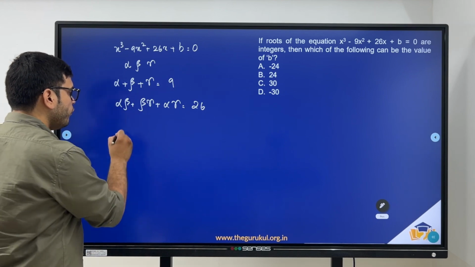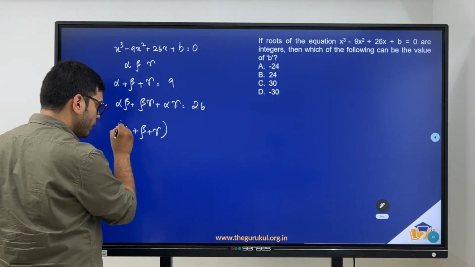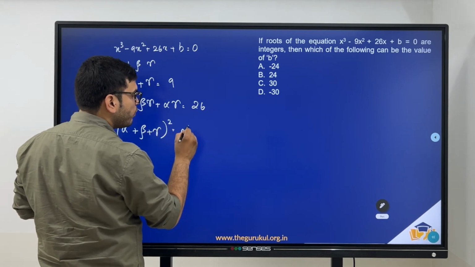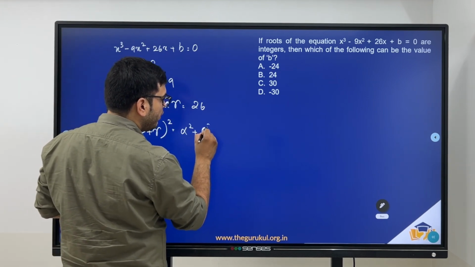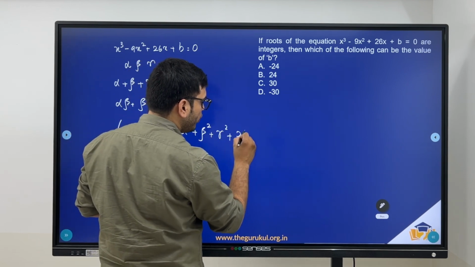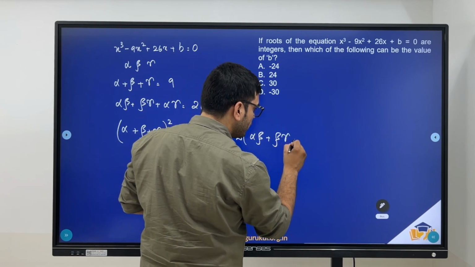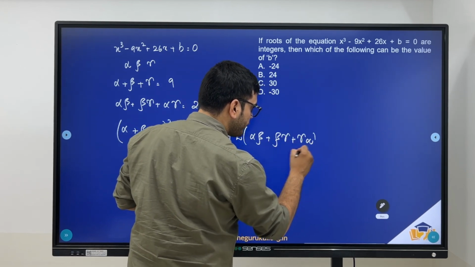Now using these two, we know that (alpha plus beta plus gamma) whole square is nothing but alpha square plus beta square plus gamma square plus 2 into (alpha beta plus beta gamma plus gamma alpha). Right.